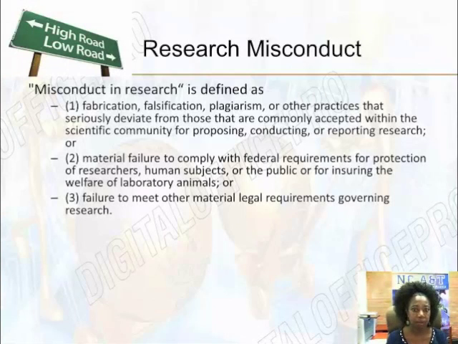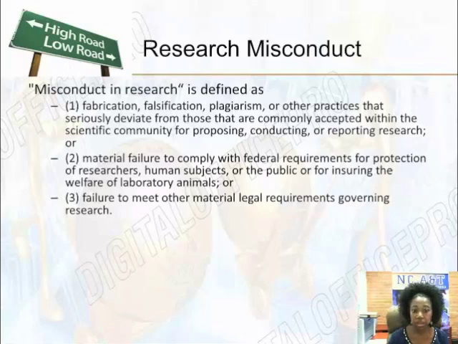Now let's talk about research misconduct. Research misconduct is defined as fabrication, falsification, plagiarism, or other practices that seriously deviate from those that are commonly accepted within the scientific community for proposing, conducting, or reporting research.